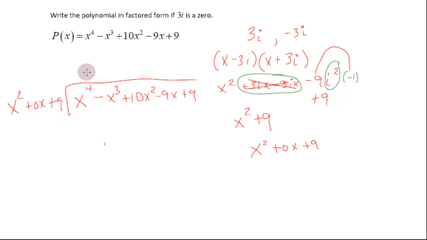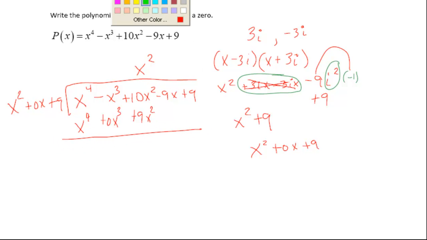All right, here goes. x to the fourth divided by x squared: x squared. x squared times x squared, x to the fourth. x squared times 0x, 0x cubed. x squared times 9, 9x squared. Draw your line and subtract.